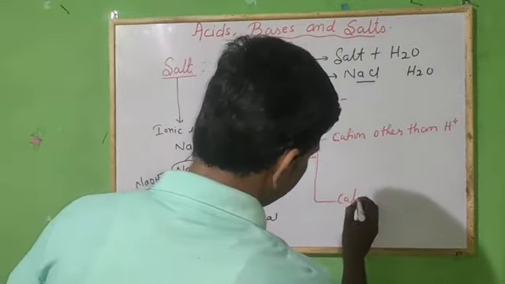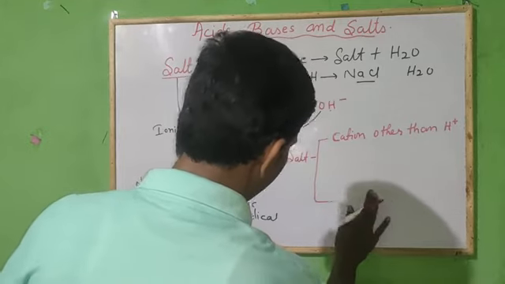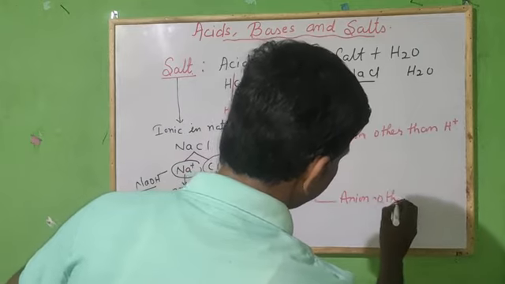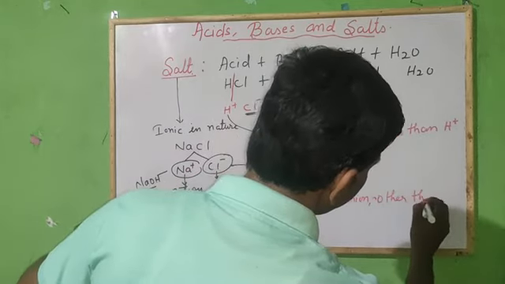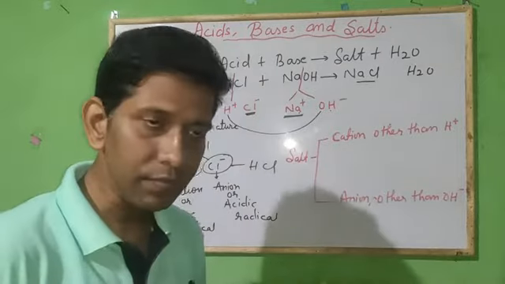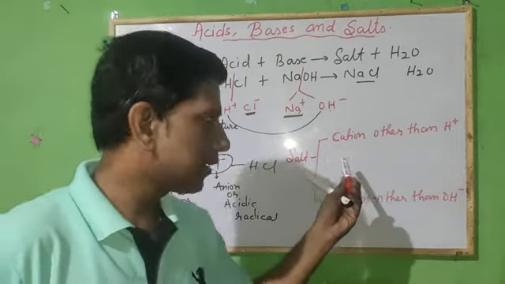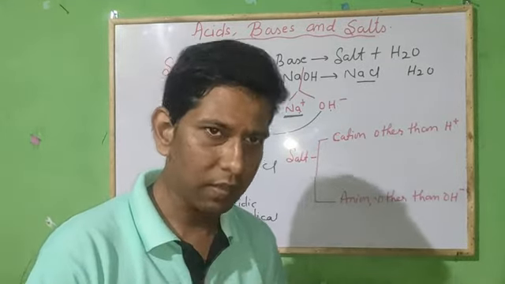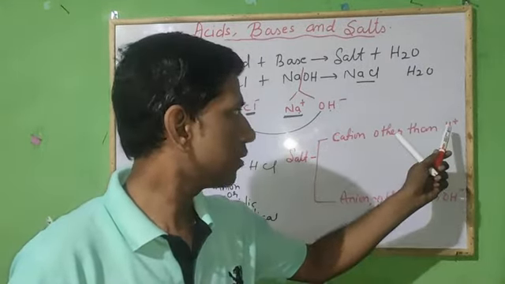You have to keep this in your mind. One anion other than OH minus. So I mean to say that a salt has a cation that should be other than H plus ion.